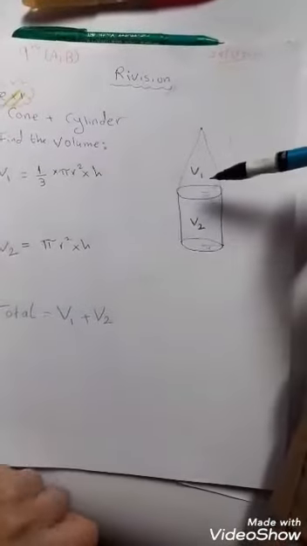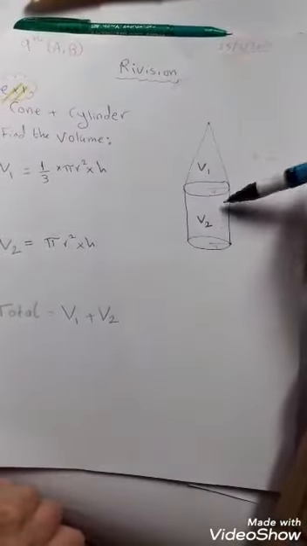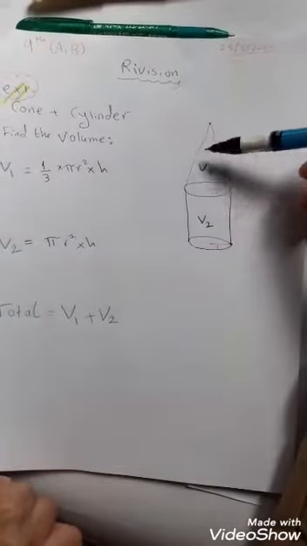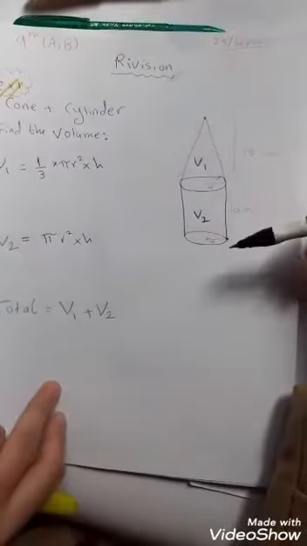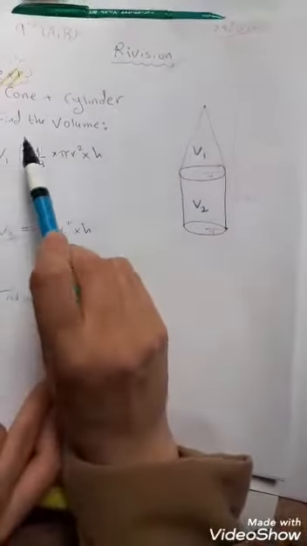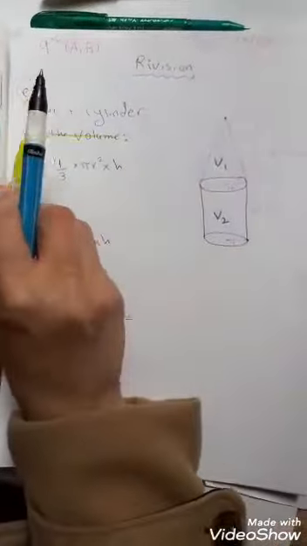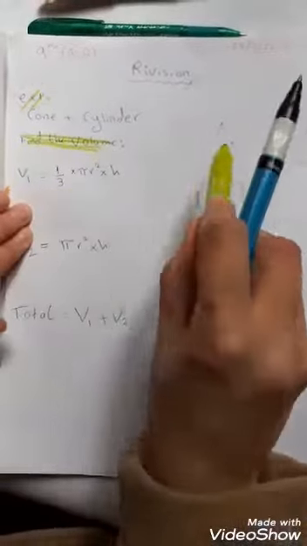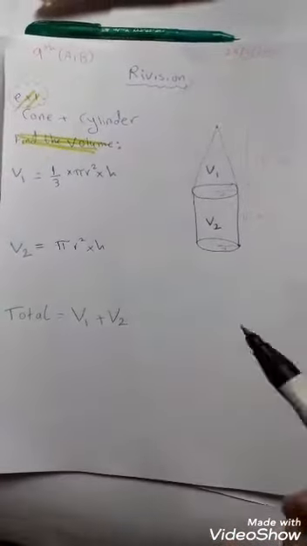Now, suppose you have a cylinder and a cone above this cylinder, as you can see here. The question is: find the volume of this 3D shape. It's compound, right?